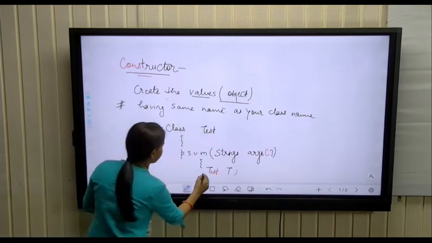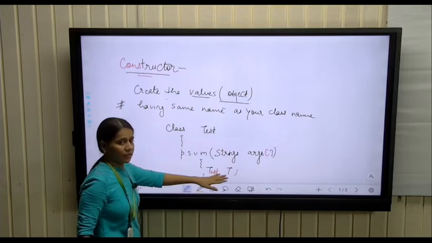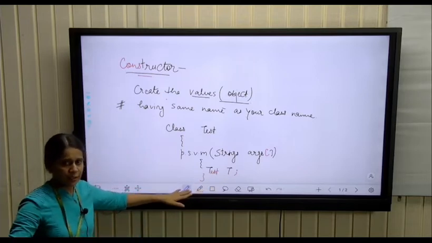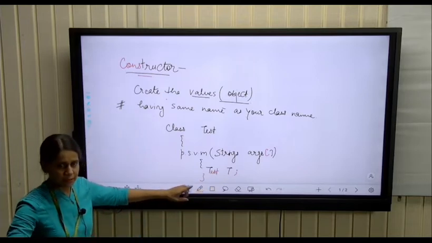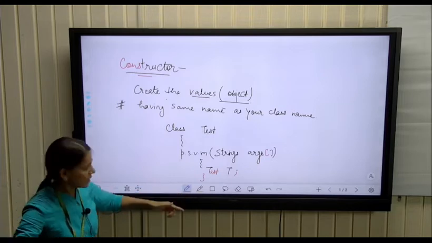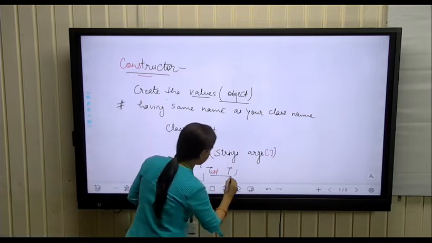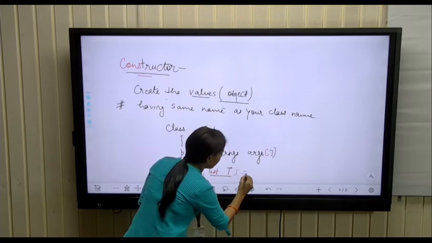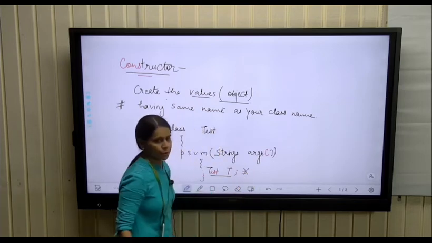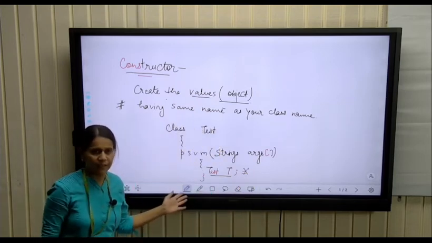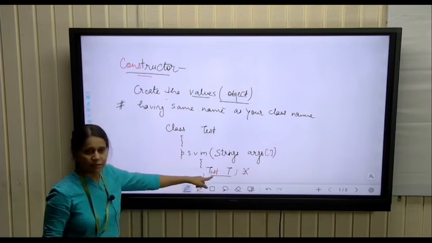So see, this is not the correct method to create the object in Java, because we are studying the Java language. This is creating the object, but we are not allocating the memory here. So we are supposed to allocate the memory for this object.